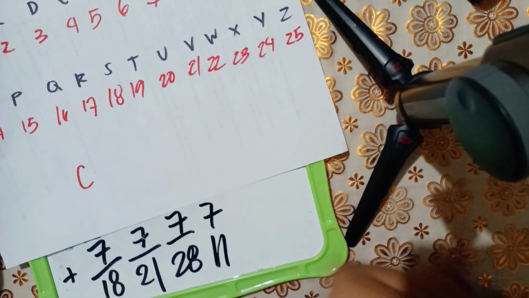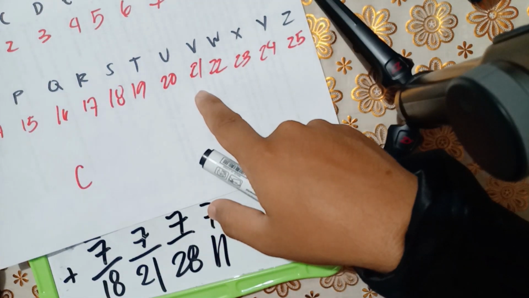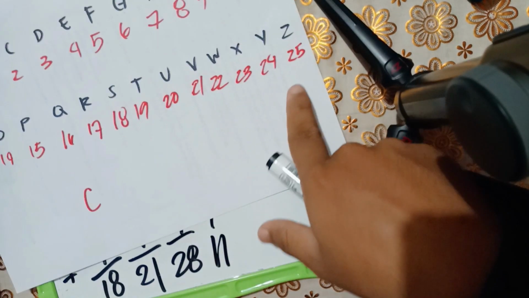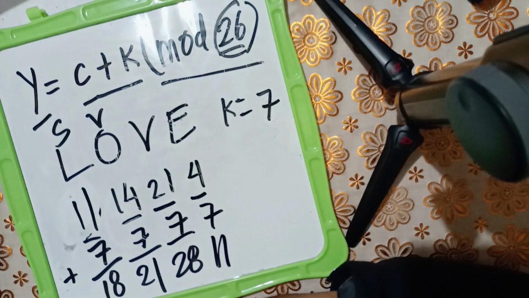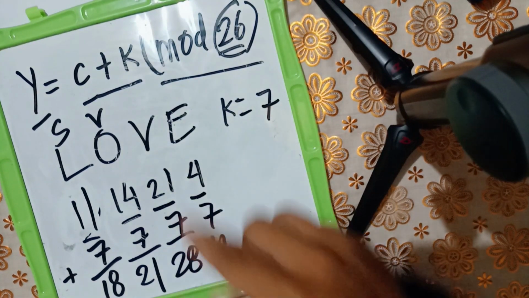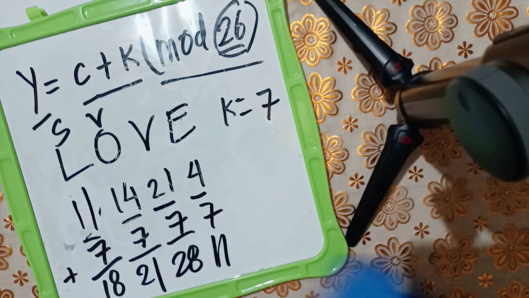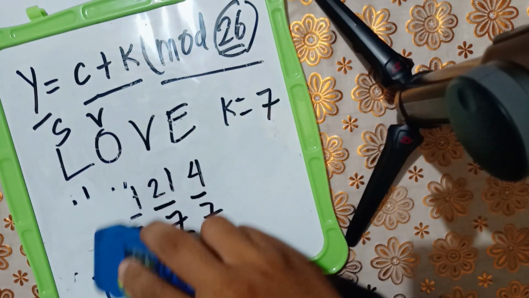And V, 21 plus 7 is 28, but we don't have 28 here in our chart. So that is the time when we are going to use our modulo operator.